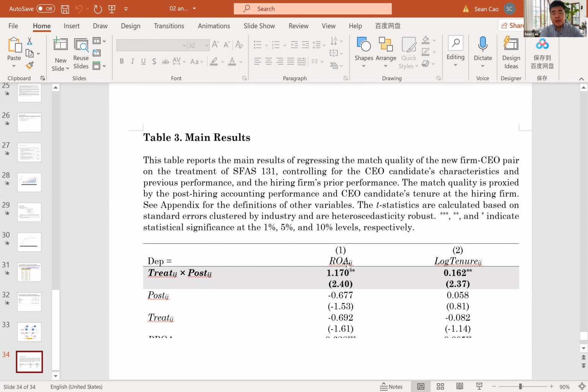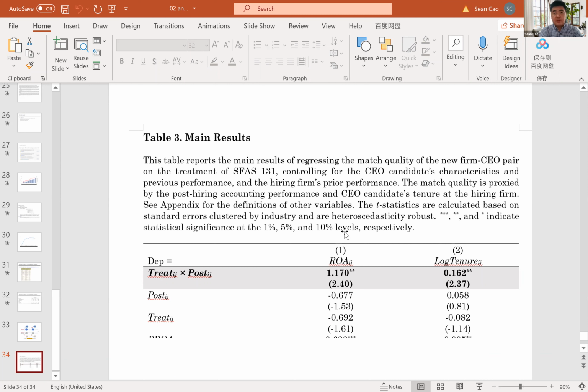So what does this number mean? After 1996, after the hiring firms know about the CEO's segment operating performance, the hired CEO can help the firm generate more earnings in the future.